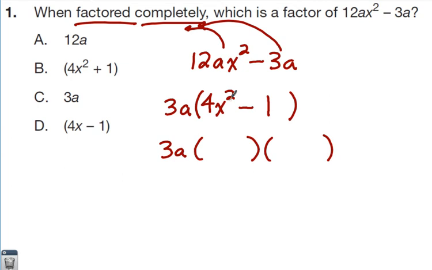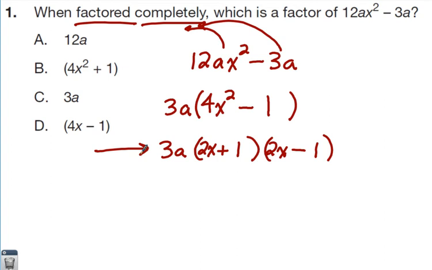So 4x squared is a perfect square, 1 is a perfect square, and what you're going to do is take the square root of 4x squared, which is 2x, and that's going to begin each bubble, and then the square root of the 1, which is 1, is going to end each bubble. So this is the final factored form when you factor completely. So we have a factor of 3a, a factor of 2x plus 1, and a factor of 2x minus 1.